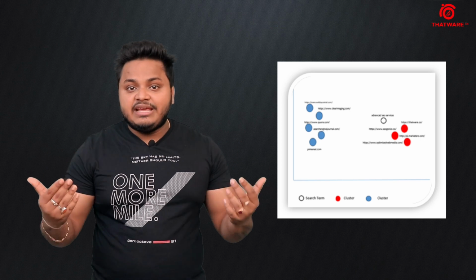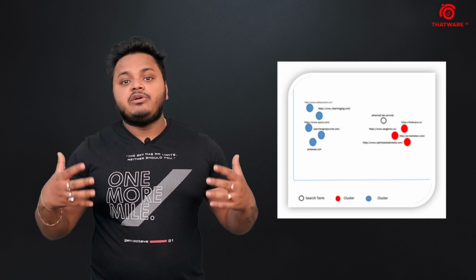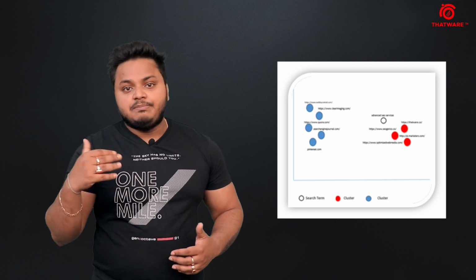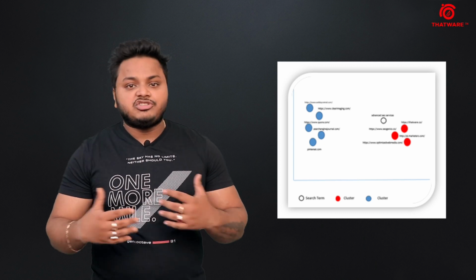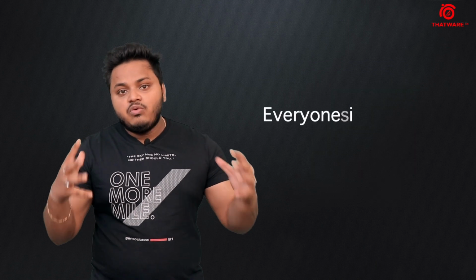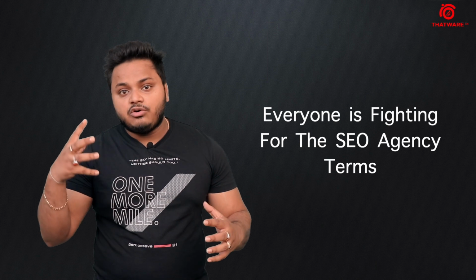Now let me give an example. Suppose in the first example, you are in a multi-dimensional field where your competition is huge. Let us take our SEO industry itself. There are a lot of IT companies fighting for the best SEO agency, best SEO firms, best SEO company, and so on. IT firms, B2B industries, digital transformation companies, everyone is fighting for the SEO agency term.